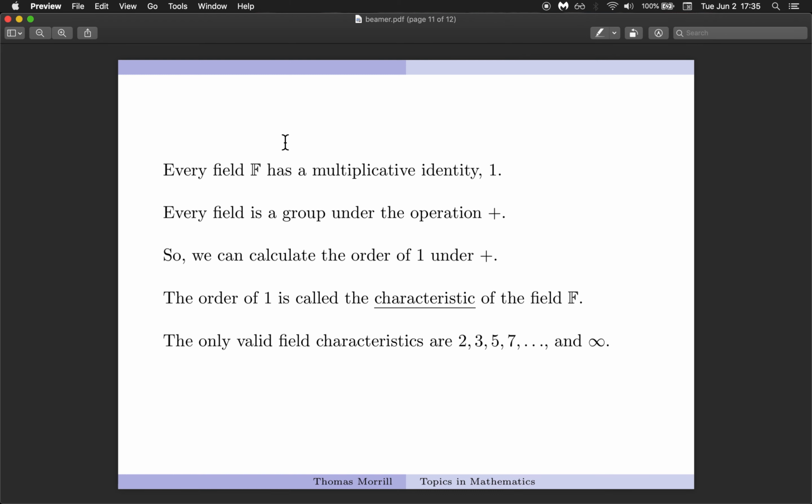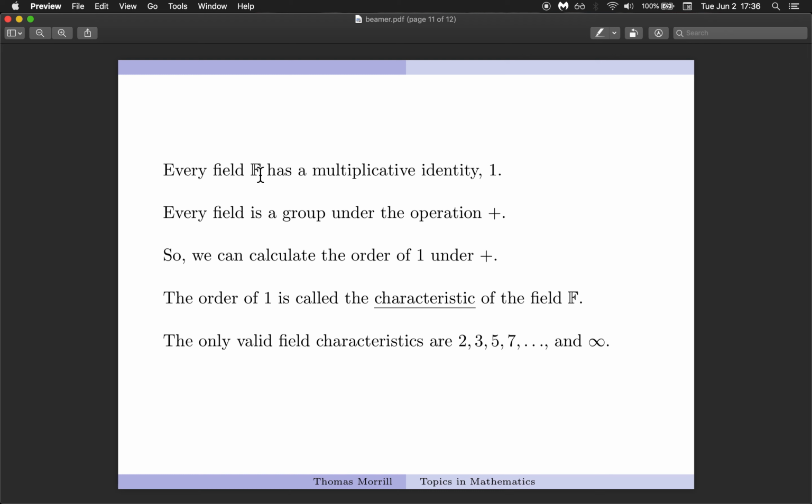So I know that every finite field has a multiplicative identity. That's part of what it means to be a field, and we call that element 1. I also know that every field has to be a group under the operation plus. So I'm going to say that 1 is an element of this group F, so it has to have some order, right?